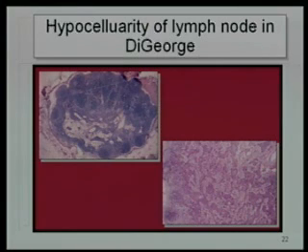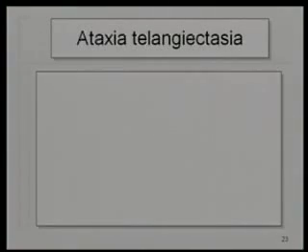There will be very poor development of T cells. There will be B cells in the follicles, but there will be no germinal centers because germinal centers come from memory responses, secondary responses, okay? And class switch and secondary response require the presence of T cells. Okay, so those are the features of that.